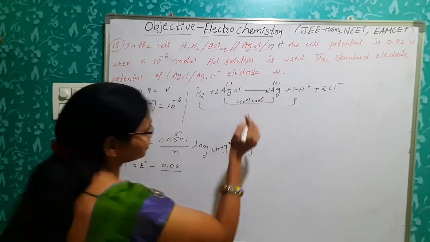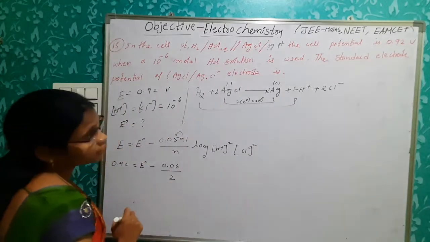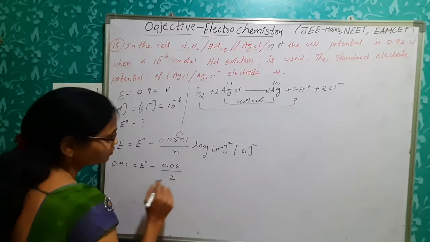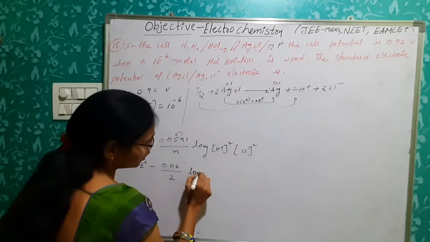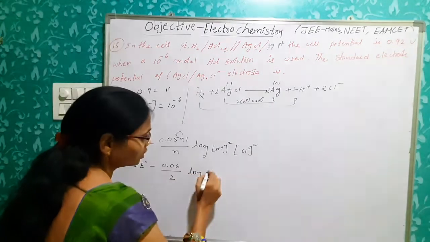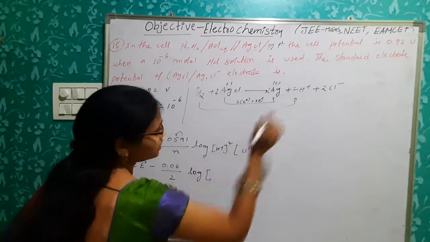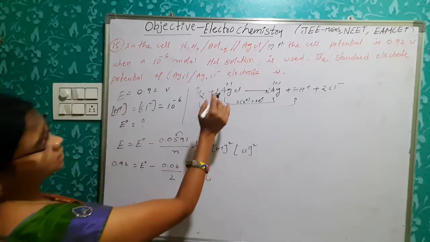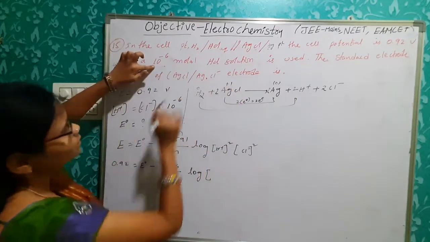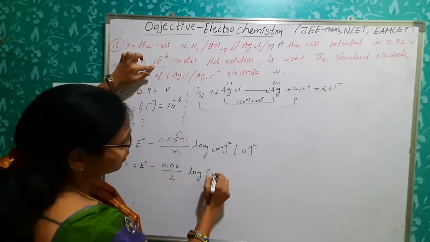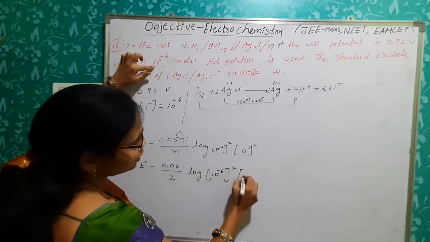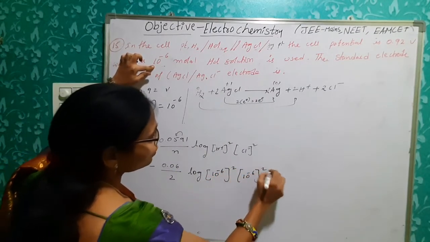So n is taken as 2 electrons. Log of the concentration of H⁺, how much? 10 power minus 6 molar solution means 10 power minus 6 to the power 2, and again 10 power minus 6 to the power 2.